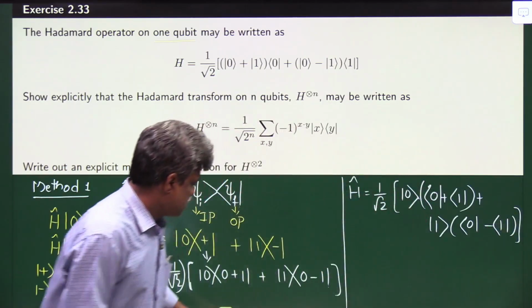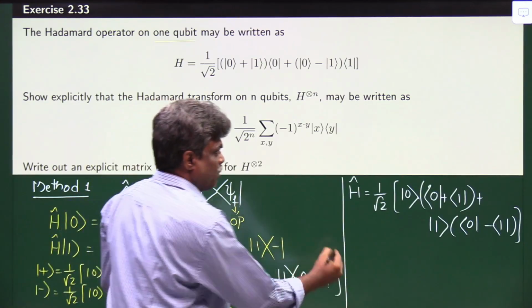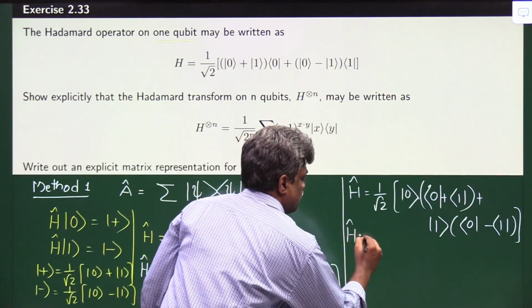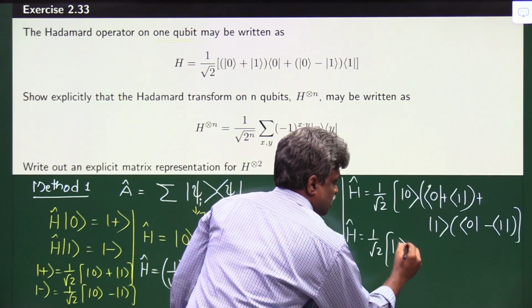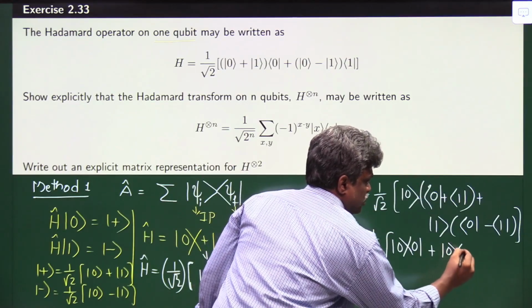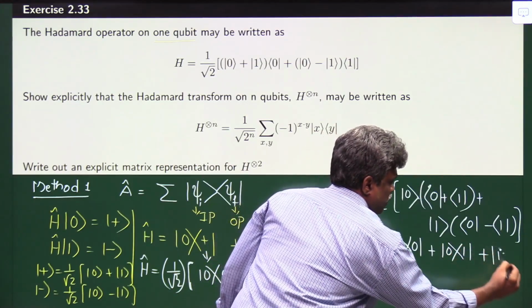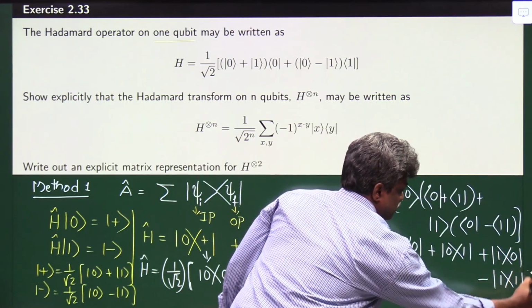That's it. I just split this bra vector. Now I'm going to multiply, so with 1 by root 2, this is the outer product |0><0| plus outer product |0><1| plus outer product |1><0| minus outer product |1><1|.